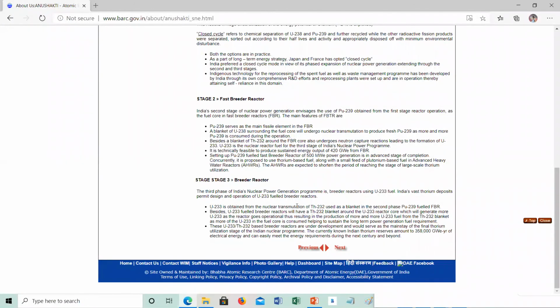So this 3 stage program is designed so that after the first 2 stages are completed, the new fissile material, uranium-233, will be produced, and along with that thorium can be used. During stage 3, thorium will be enriched and used to generate electricity. So this 3 stage program is designed.